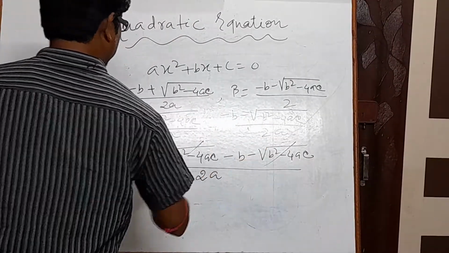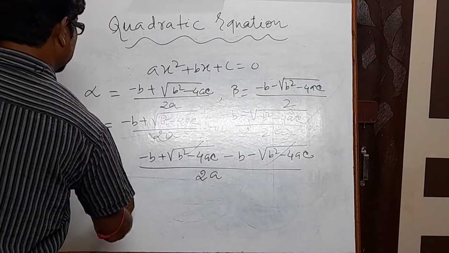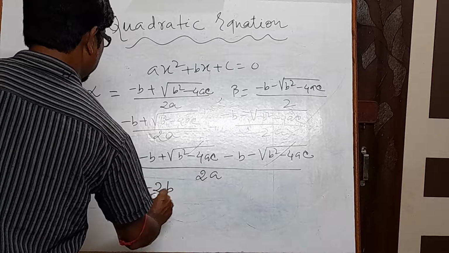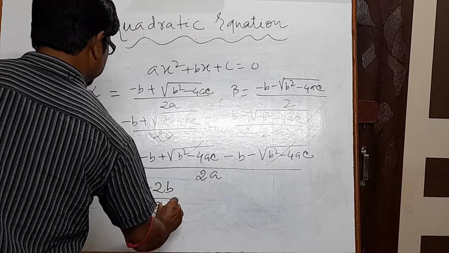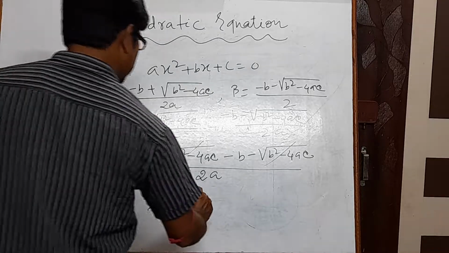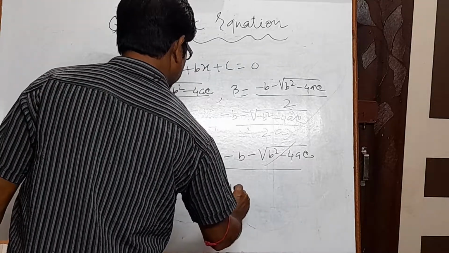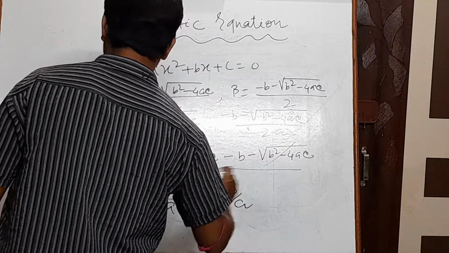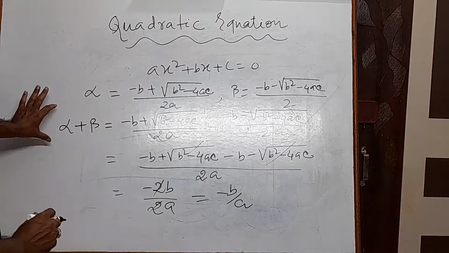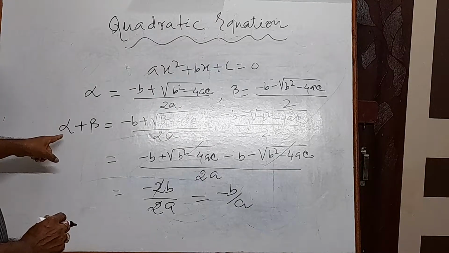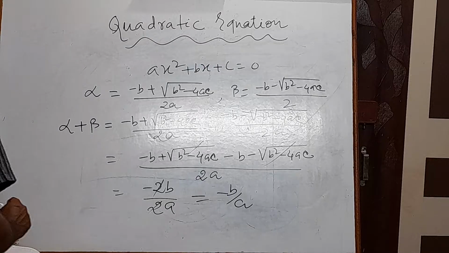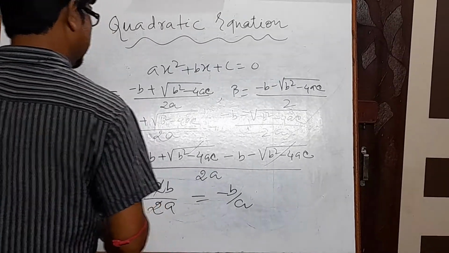Now minus and plus will be cancelled, so it will be minus 2b by 2a, 2 cancelled, it is minus b by a.